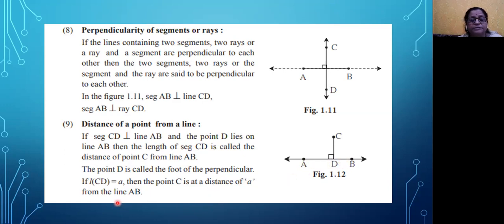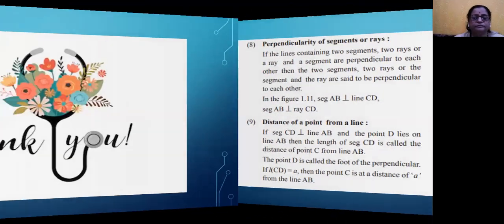So if the length of CD is equal to a, then the point C is at a distance of a from the line AB. That length is taken from the segment, line or maybe a ray. So CD is the length from the line AB. Thank you.